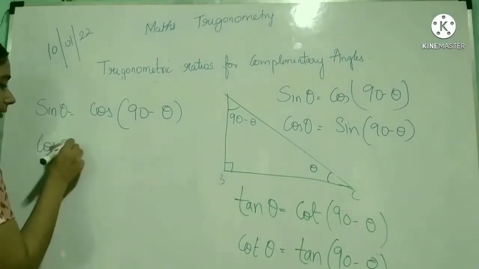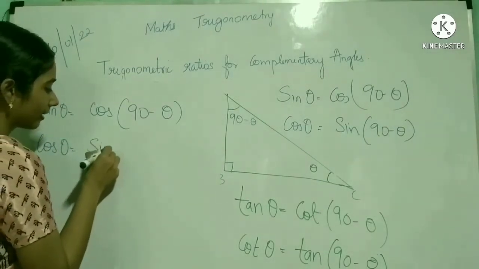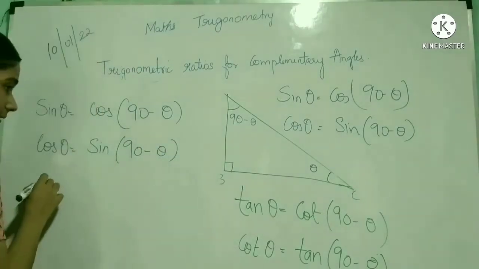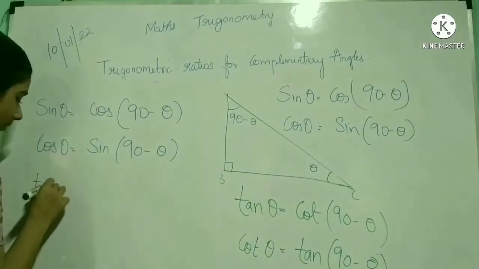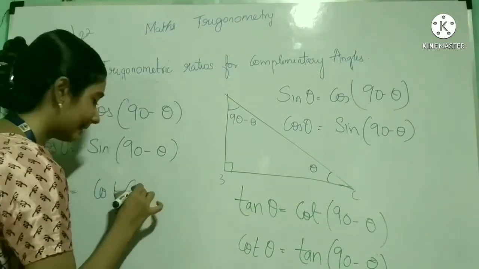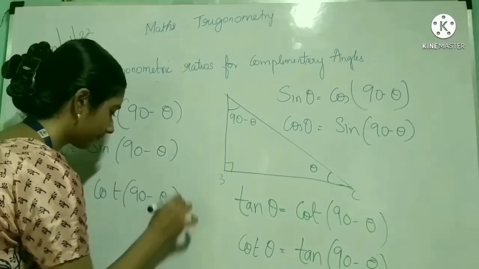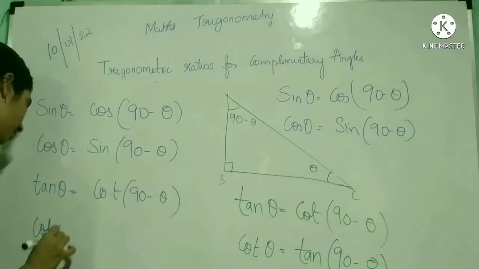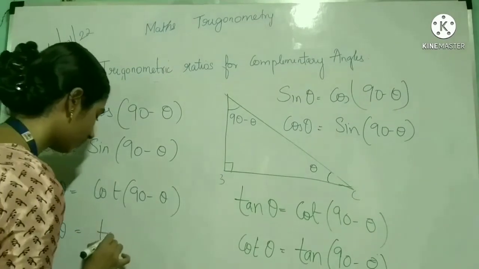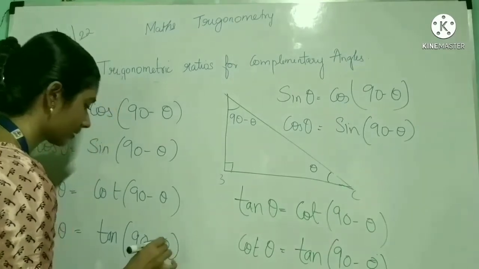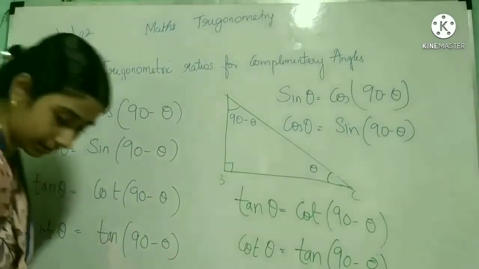Cos theta is equal to sin 90 minus theta. Tan theta is equal to cot 90 minus theta. Cot theta is equal to tan 90 minus theta.